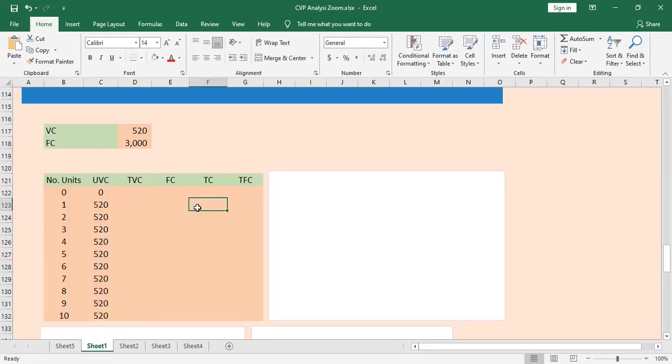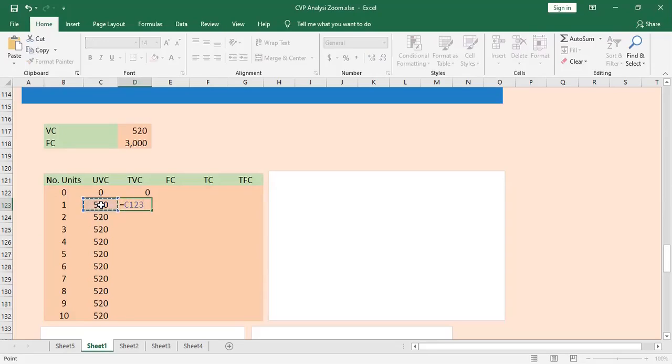Then I'm going to calculate the total variable cost. When you are producing 0, there's no cost. When you are producing 1, you have 520. When you are producing 2, you will have to pay 520 into 2, because there are 2 units that you are going to produce. So the formula continues.